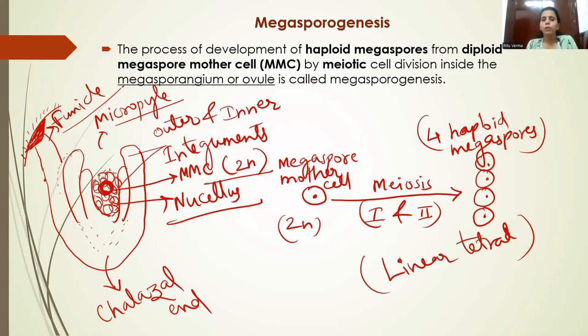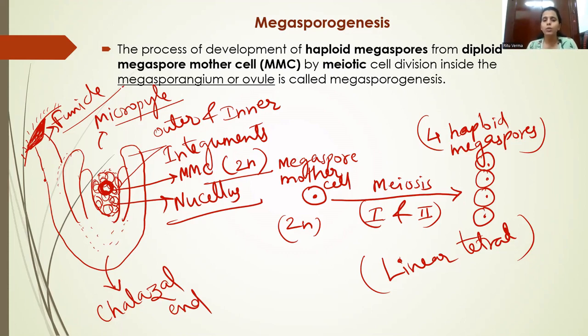But when we talk about megaspores, in all angiospermic plants, only one type of megaspore tetrad is found, and that is the linear tetrad. This linear tetrad of 4 haploid megaspores is formed when the megaspore mother cell undergoes meiosis 1 and meiosis 2, that is, reductional division.